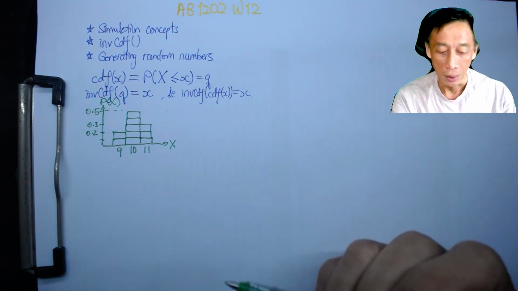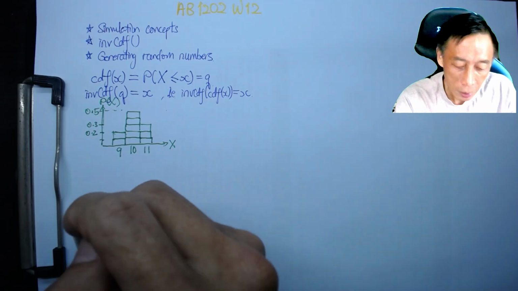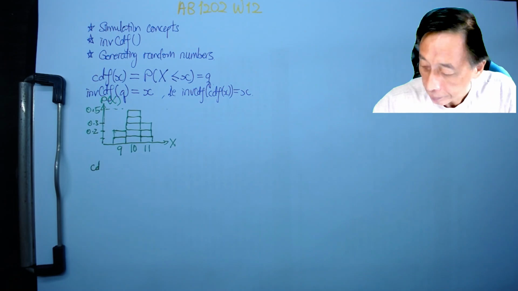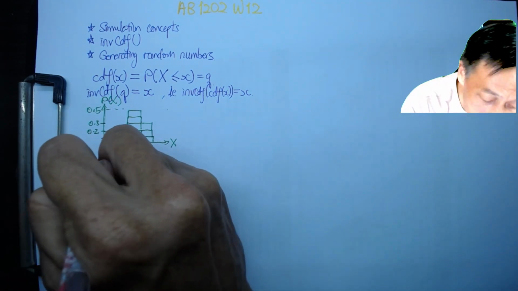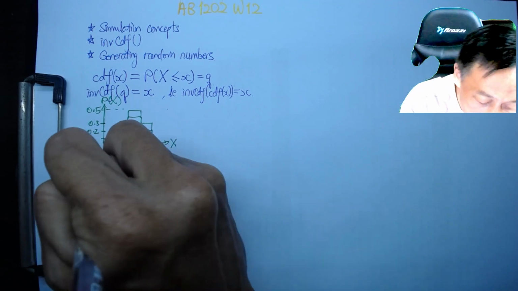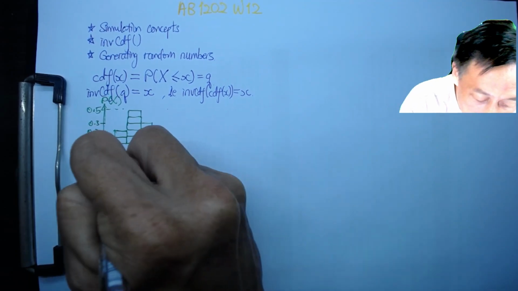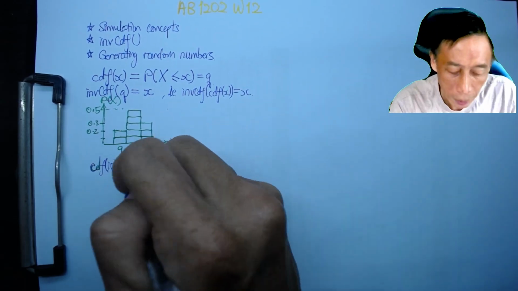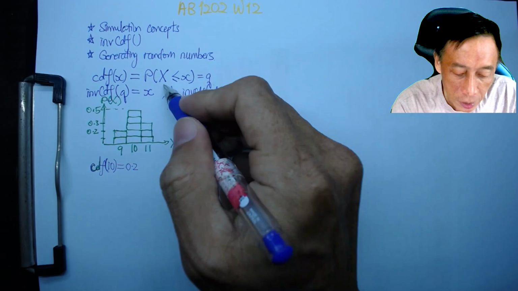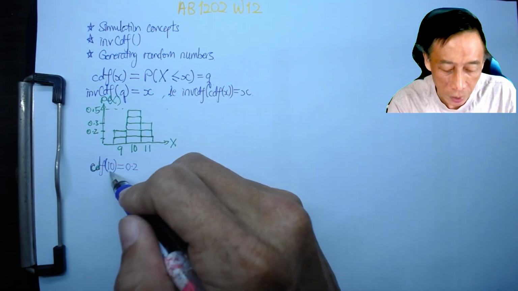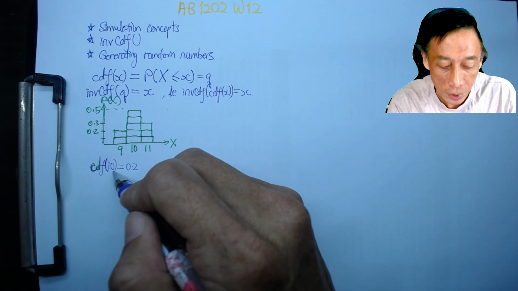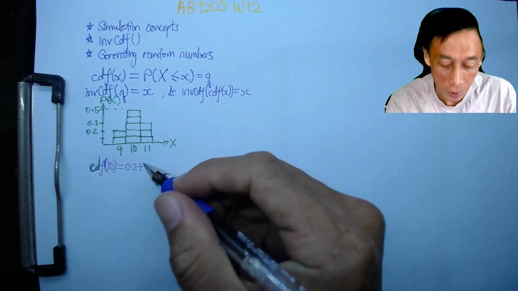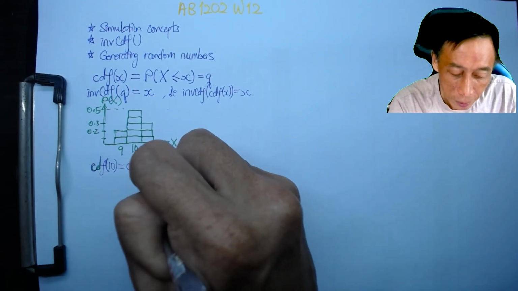Now, if I ask, what is the CDF of 10? Answer is 0.7, because it will be the probability of all x values that are less than or equal to 10. So 9 is less than or equal to 10, so I have to add this 0.2 here. 10 is also less than or equal to 10, so I have to add the 0.5 here.